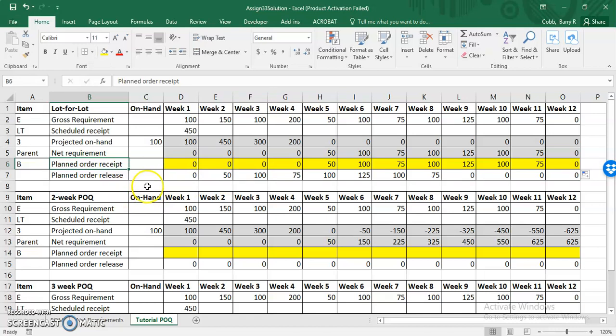In this example, we're going to include a fixed ordering cost of $100. We're assuming that each time we place an order with the supplier, there's a cost of $100 to handle that order, whether the order is for 10 units or 100 units. Always $100 to handle the order.